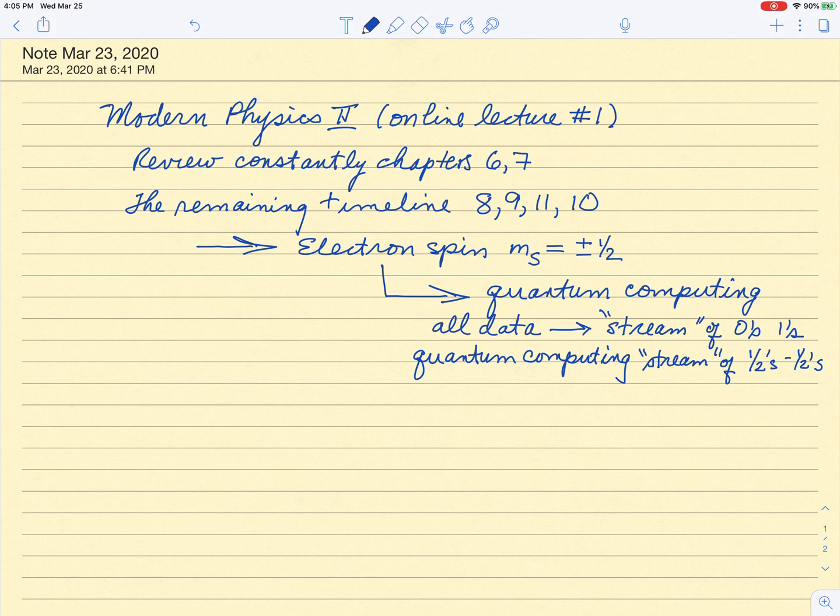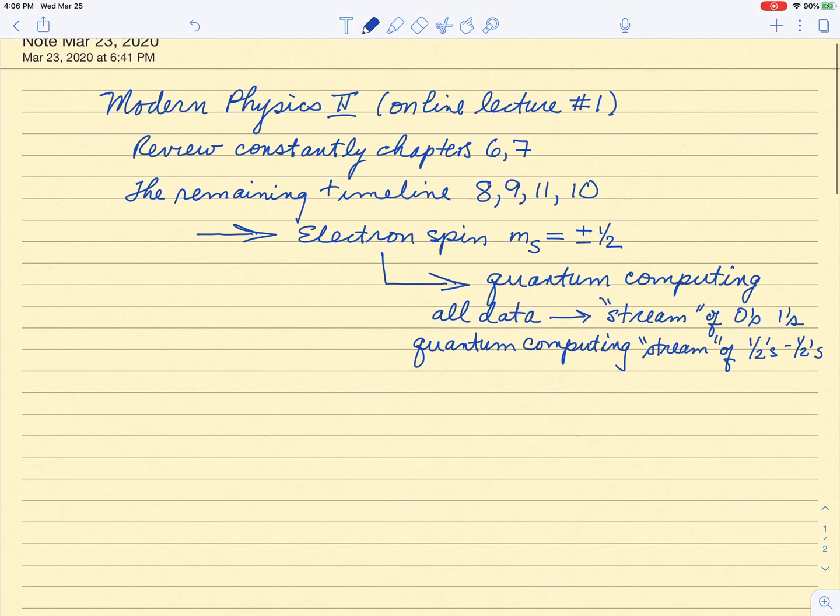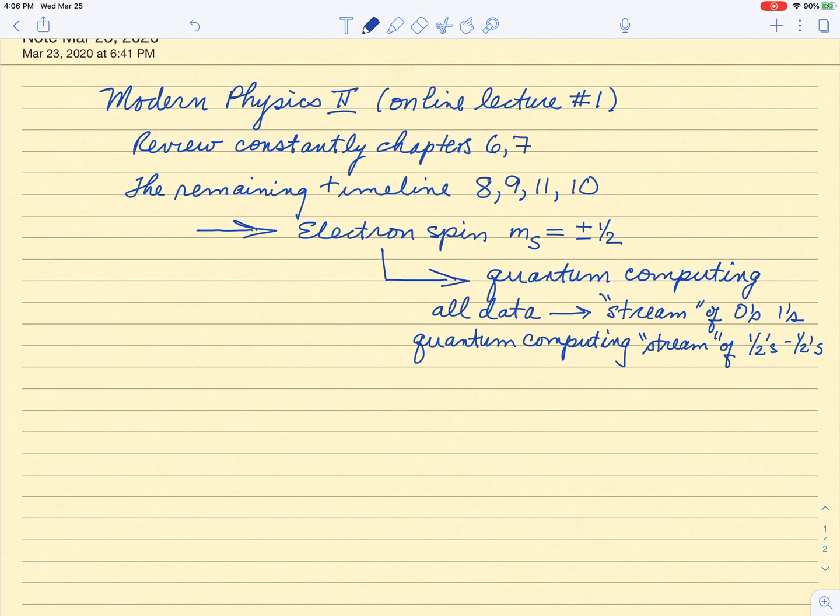And that's really the foundation of quantum computing. So, this chapter is, in my estimation, an incredibly important chapter, and demands your attention. So let's go back and start to tease this chapter out a little bit.